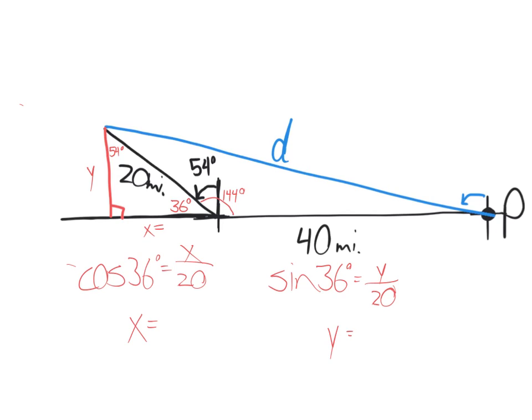Alright, so who used cosine to get x? And what did you get? 16.18. Alright, thank you, 16.18 miles. Now, who got y? I think it's 11.76.